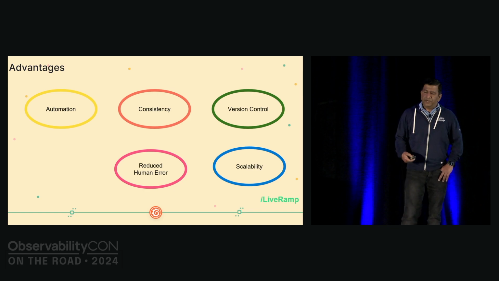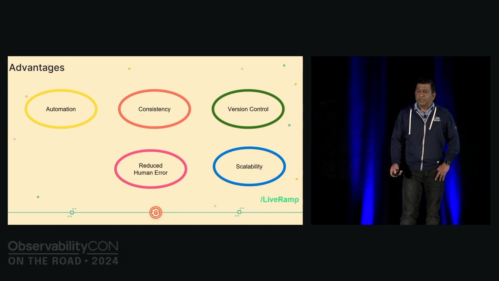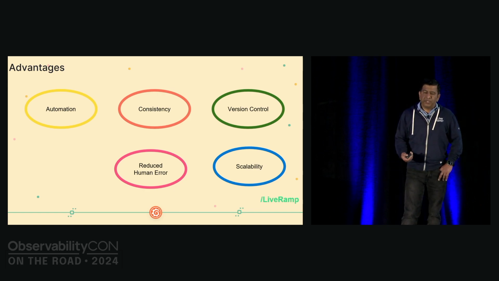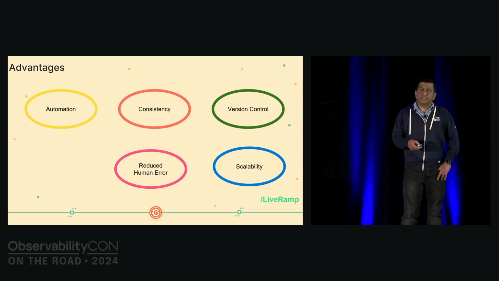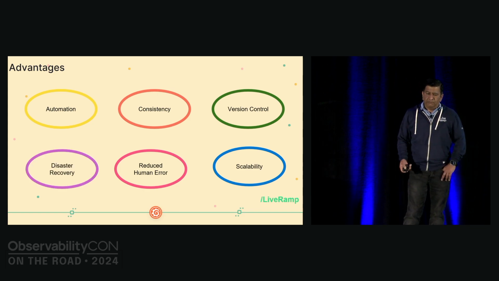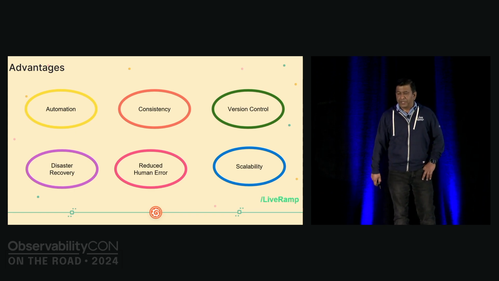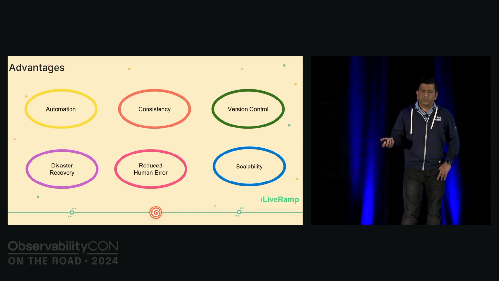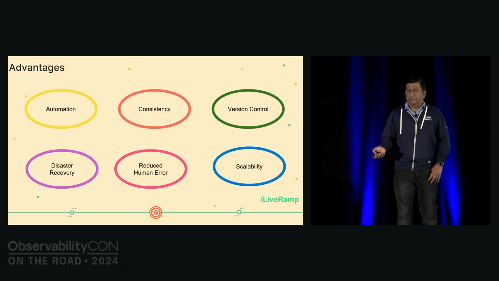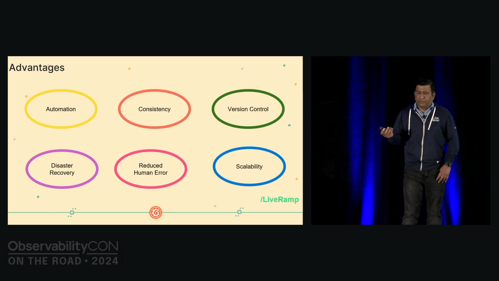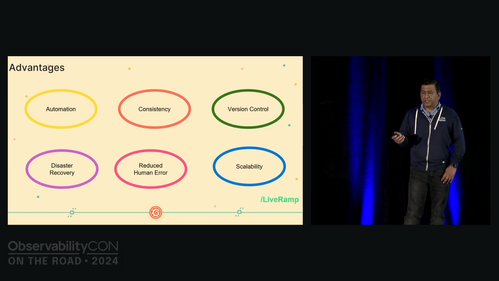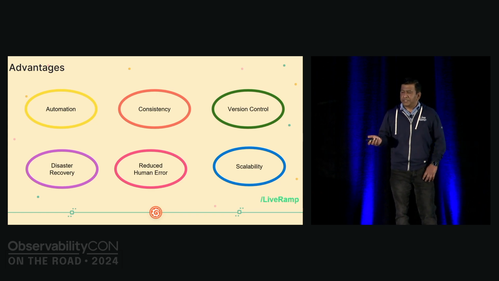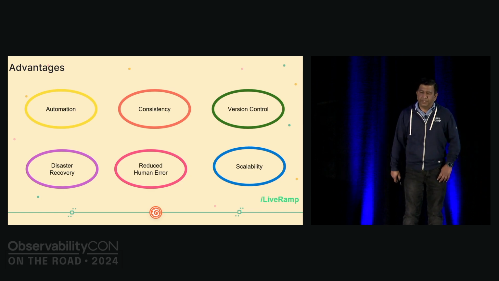Automating the configuration of alerts and notifications minimizes the potential for human errors, leading to a more reliable monitoring system and faster response time. And last but not least, disaster recovery. This is very, very important. With all configuration stored as code, it is easier to back up and restore configuration and replicate it in a disaster recovery scenario. This ensures continuity of monitoring capabilities in case of system failure.